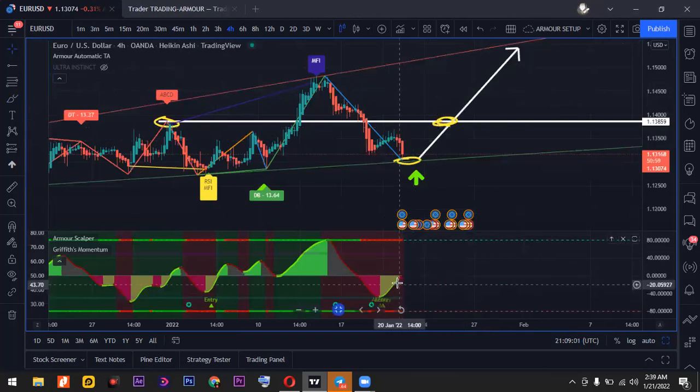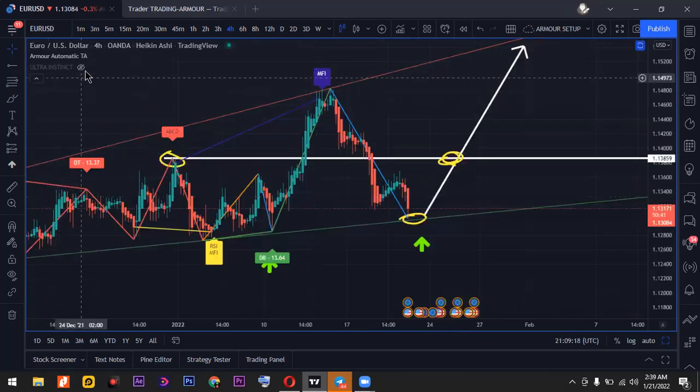So this wave is red right now in the 4 hours, and we will wait for it to turn green. Whenever it turns green, we enter, or we have a second option, which is Ultra Instinct.